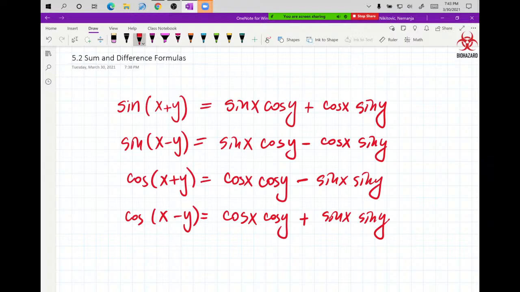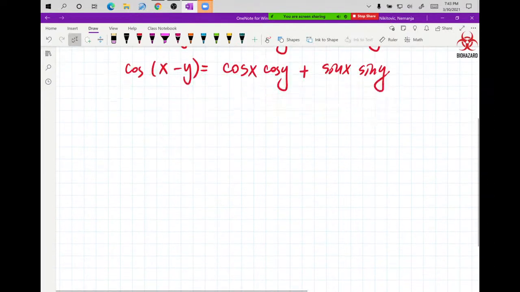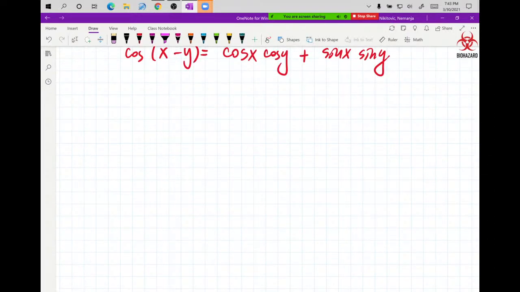So let's take a look at sine of 15 degrees. So how much is that? Well, obviously, if you type this thing in a calculator, you're going to get those dumb decimals. But if we want the exact value in terms of square roots and all that kind of stuff, no decimals, we can use these formulas to help us figure that out.